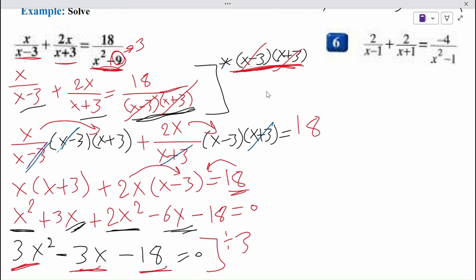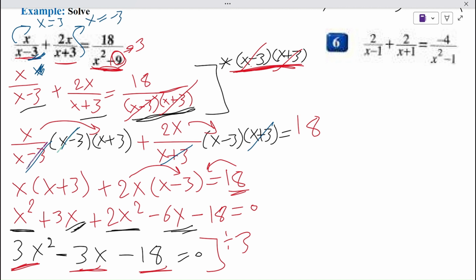Here, if we have x is equal to 3, this makes the denominator 0, and if we have x is equal to minus 3, the denominator also makes 0. The value of this x makes the denominator 0.